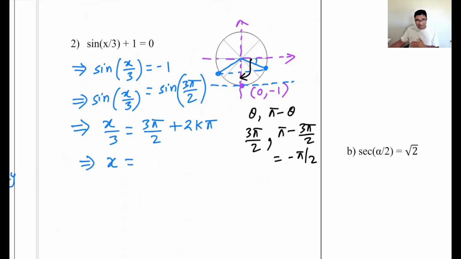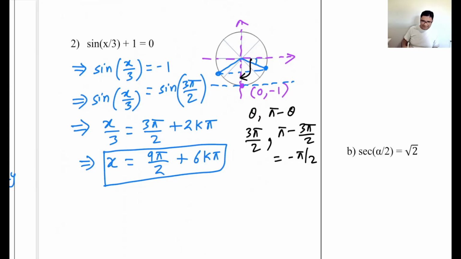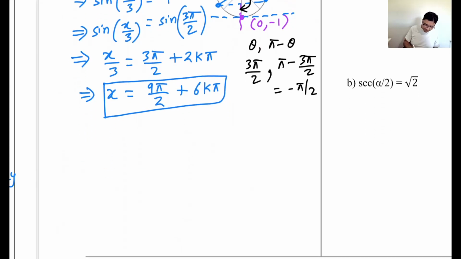Now you multiply by 3 throughout to get x. This will be 9 pi over 2 plus 6k pi. Okay. There are two ways you can leave it. You can leave it at this. I will box this as a solution where k is any integer. Or you can also do one step of simplification.